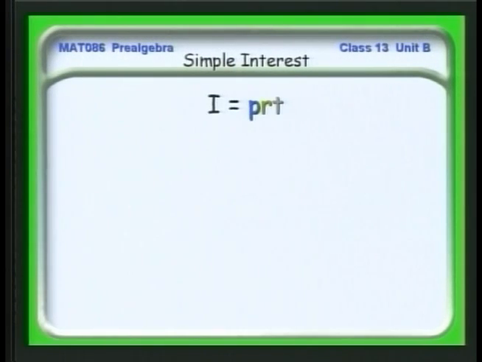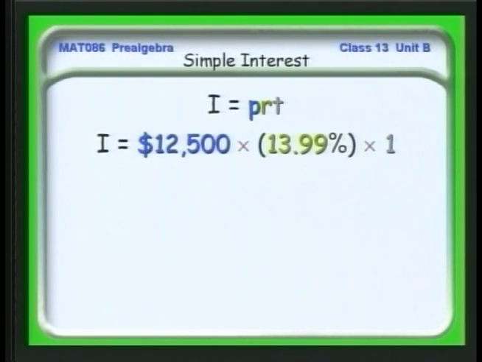Using the formula that the interest you pay is the principal times the rate times the time, I now substitute in the numerical quantities for that. Remember, it's the amount you start with times the percent rate per year times the number of years.